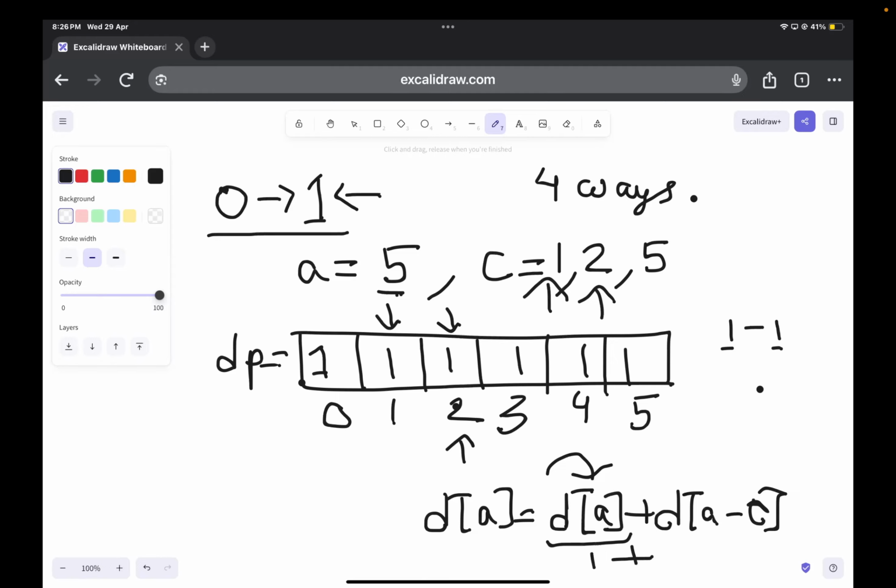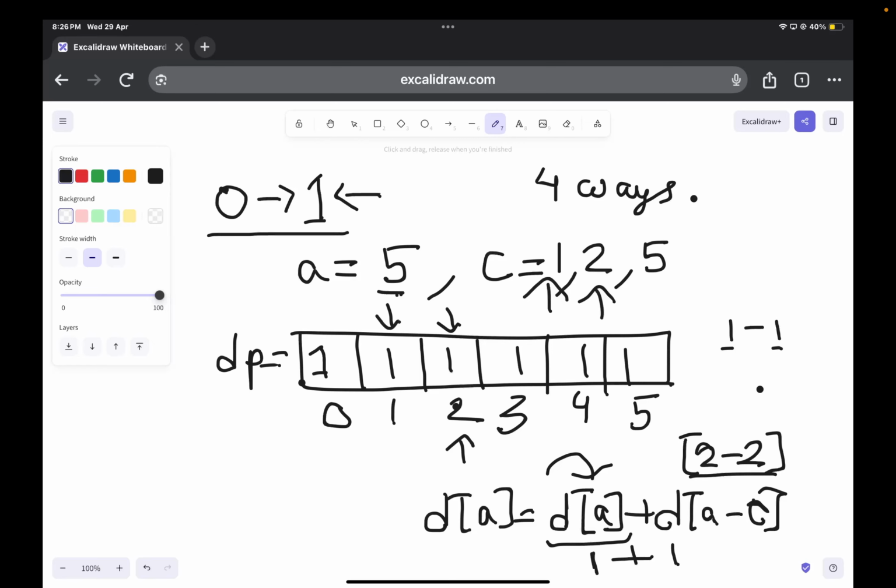Plus 2 minus 2. This time amount is 2 and coin is 2. So 2 minus 2 is 0. DP of 0, what is DP of 0? It is 1. So the previous one was 1, and 1 plus 1 is 2.